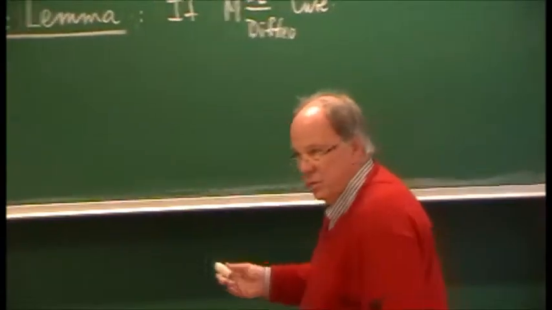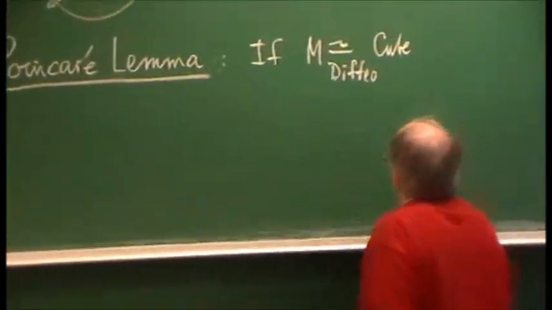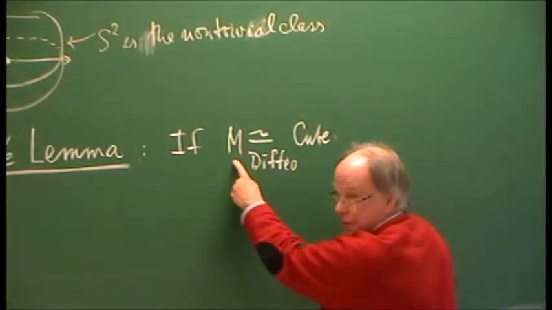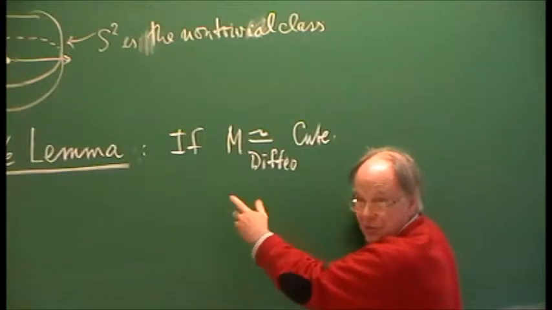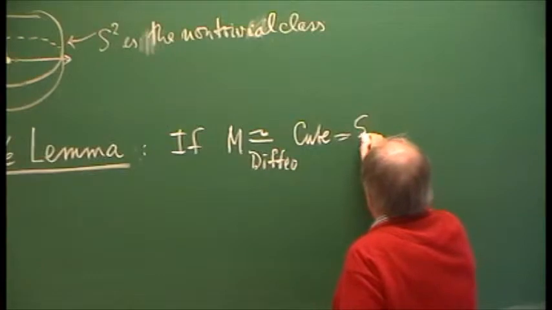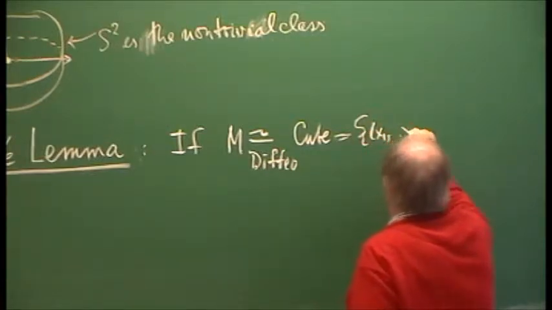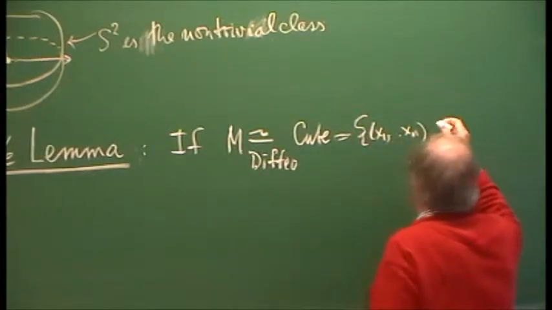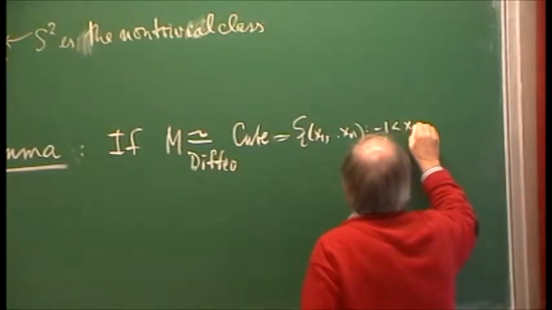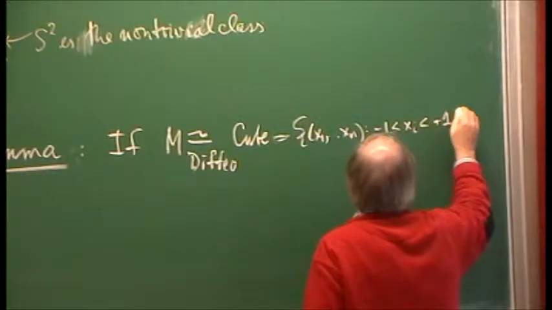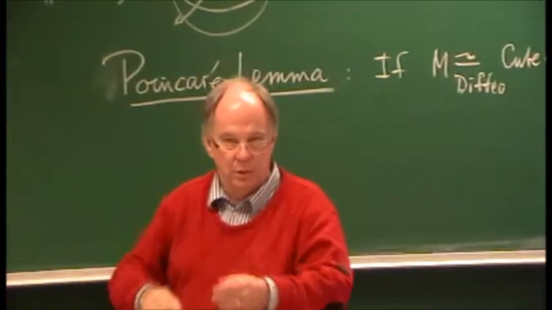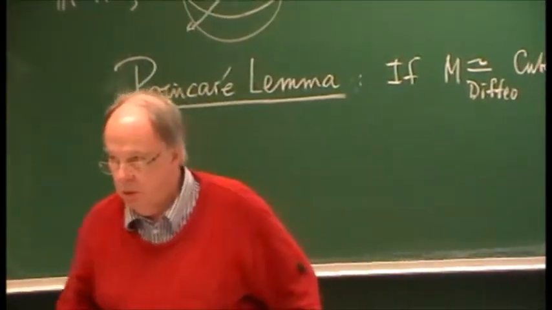But you see, if I said that M is diffeomorphic to a cube, M could be really a terrible thing. There are lots of things diffeomorphic to a cube. So a cube is, what I mean by this is, say, x1 through xn, let's put the origin in this, so that -1 less than or equal to xi less than or equal to plus 1, for all i. Right? Square, and so on. Cube.